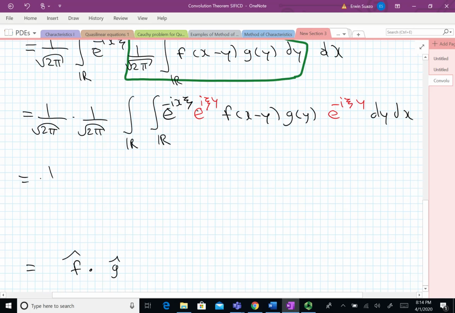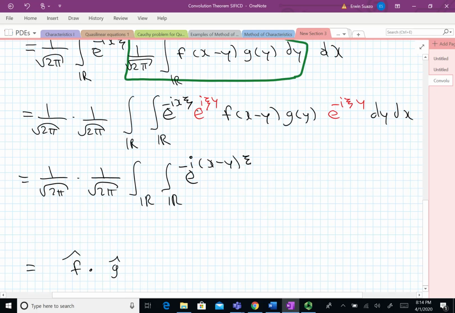So I keep going. I get 1 over square root of 2 pi times 1 over square root of 2 pi over R and R. Then I accumulate this guy. If I factor the minus i, I get x minus y theta times f of x minus y, and then g of y e to the minus i theta y dy dx.